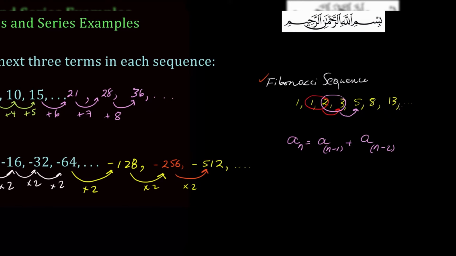Therefore, to get the next term, we add these two together, and the next term would be 13 plus 8, which is 21, and 21 plus 13 is 34, and the sequence would continue.